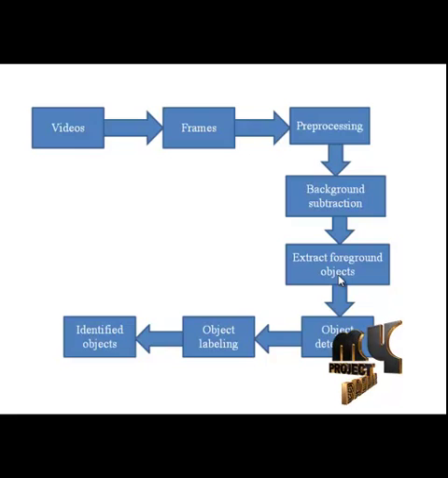These foreground objects alone are obtained by getting the values, and then the objects are detected. For object detection, we measure values such as the height, the centroid position, and the x and y coordinates of the identified objects. Then they are labeled by calculating how many blobs are available in each frame. That process is the object labeling process.